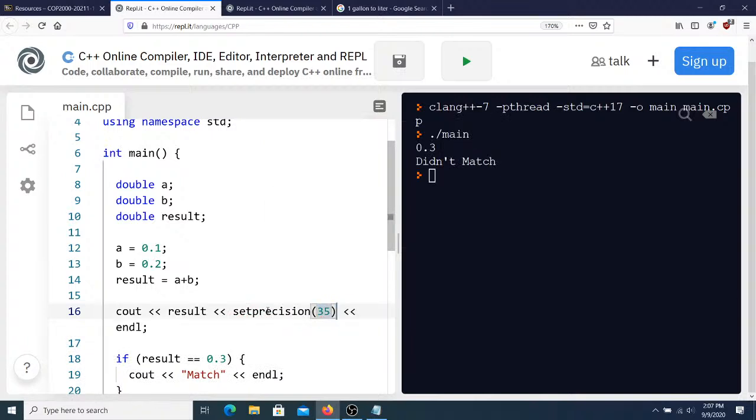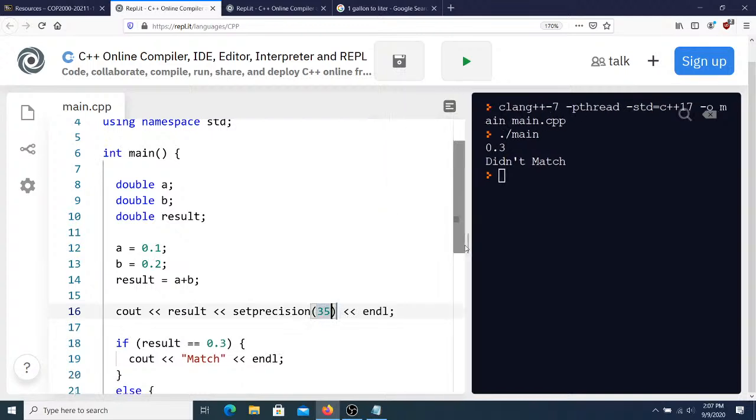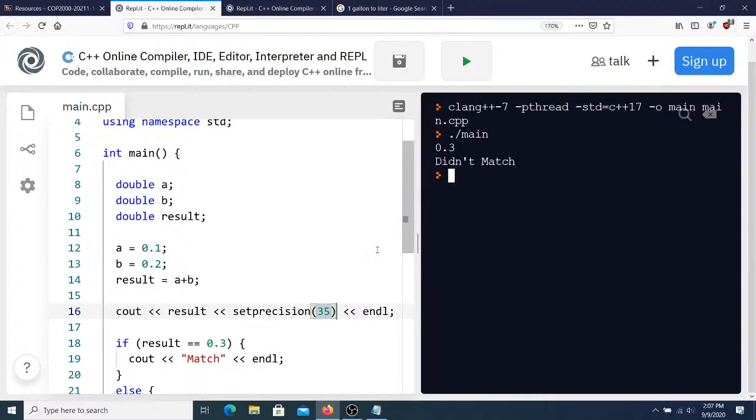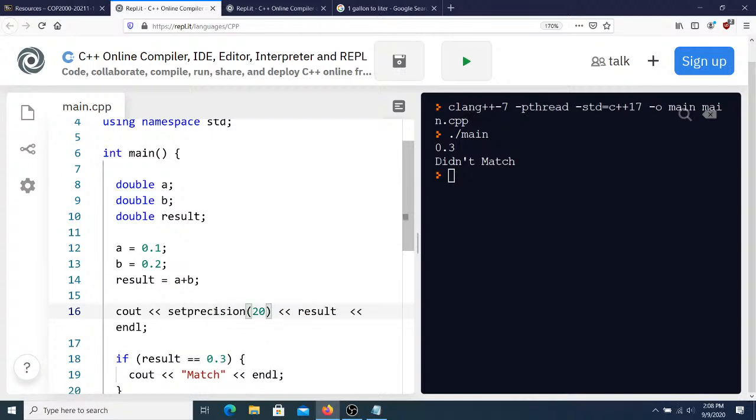I think I set it to, this should be enough. Maybe that's too high. Hold on. Let's try 20. Hold on, I might have done it out of order. Sorry. There we go.